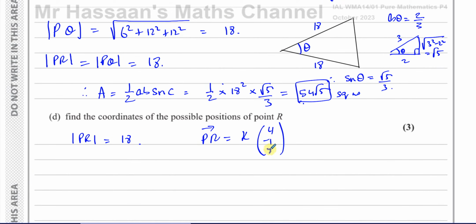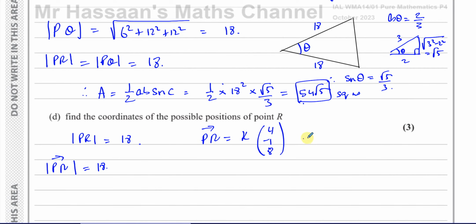So we can think of this in two ways. I could find the unit vector for this vector and then work out 18 times that unit vector to give me the vector that I'm looking for. Or I could say that the magnitude of PR has to be 18.